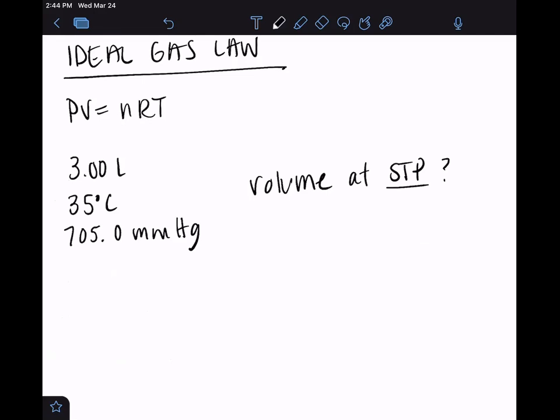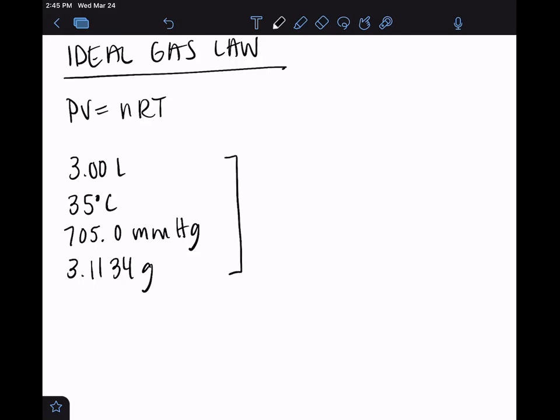Even though here we're using the ideal gas law, PV equals nRT, let's change this, and let's also just give you a weight. We'll say 3.1134 grams, okay? So now it could actually rather say how many moles. Let's do it this way instead, right?